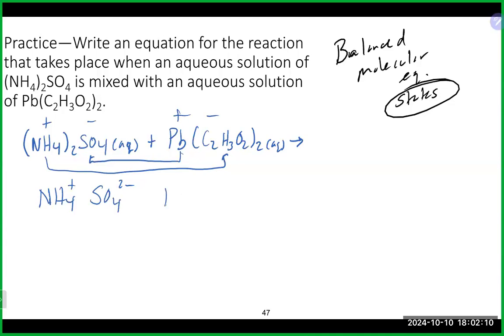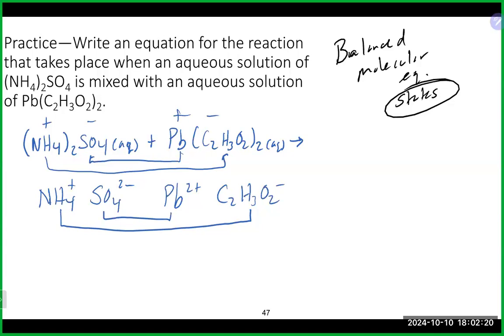That is lead with a +2 charge, and that is acetate, which has a -1 charge. So again, when we switch partners, we want to get our proper formulas down first. That should give us a little ammonium acetate. And the lead and the sulfate will come together, and we would just need 1 of each of those.